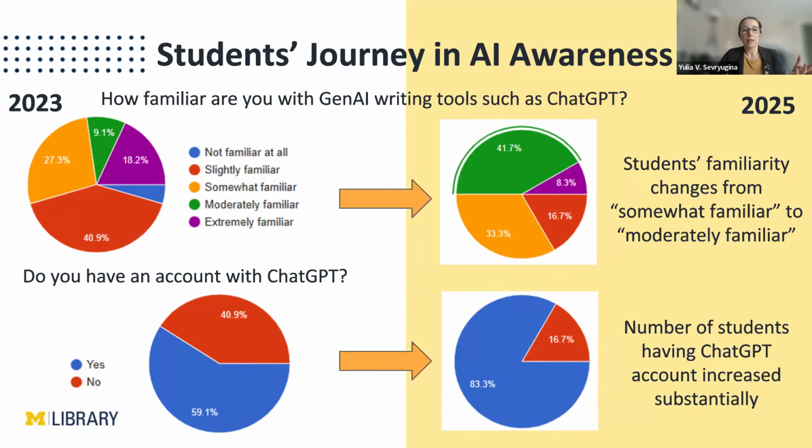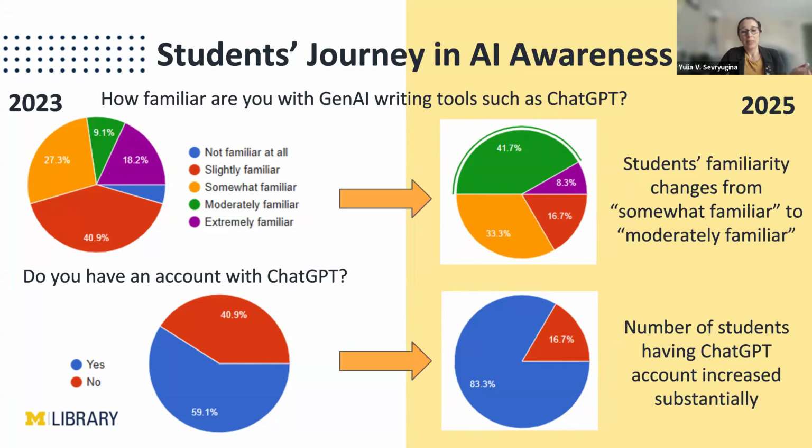And the same, we asked in 2023 if they had an account with ChatGPT. And at that point, only 60% of students had an account, which is already a big number. But now in 2025, we had 83% of students already having a ChatGPT account.